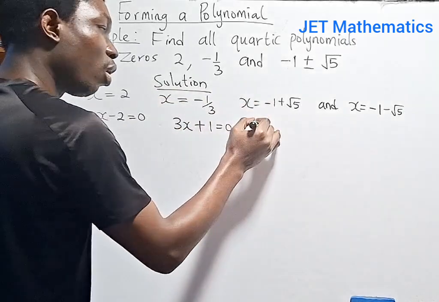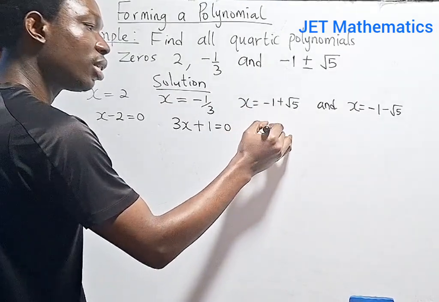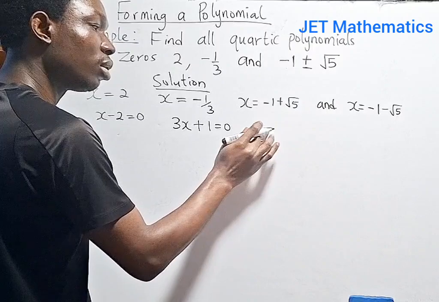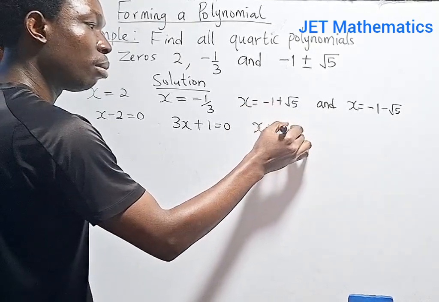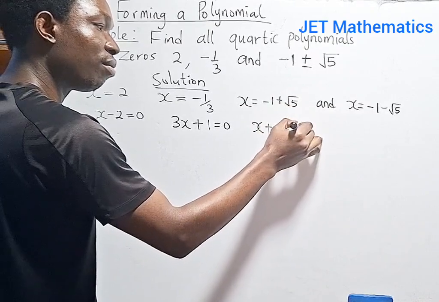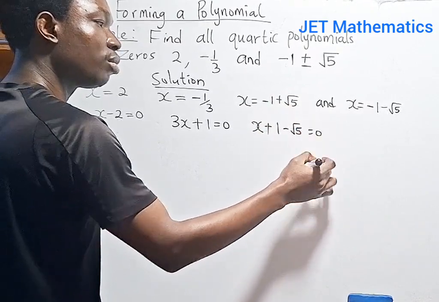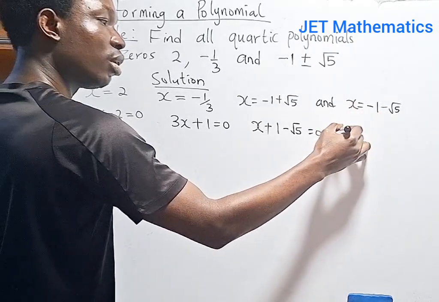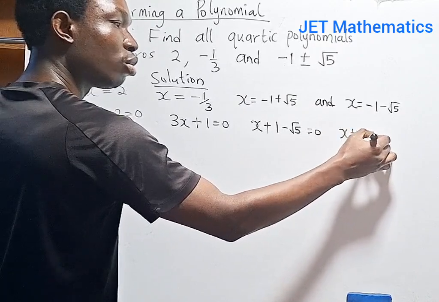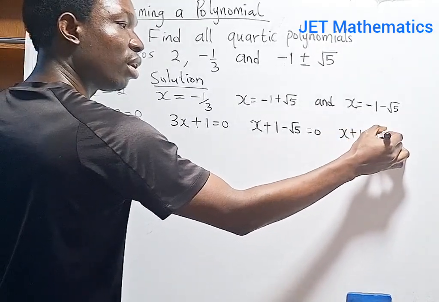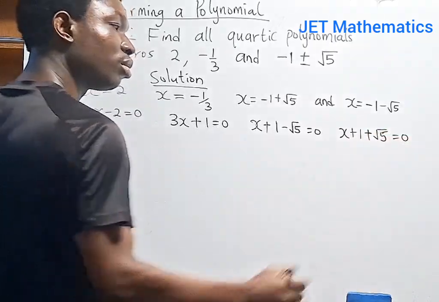And then here we have x plus 1 minus root 5 equals 0. And lastly we have x plus 1 plus root 5 also equals 0.